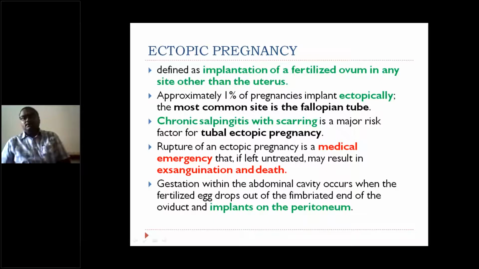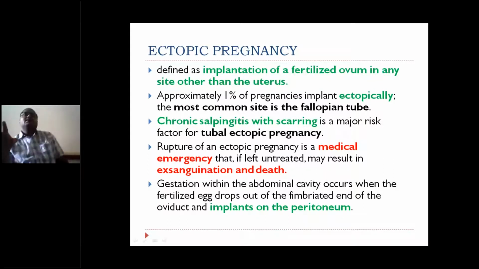So the fallopian tube, wherever the ovum gets stuck, will be enlarged and globular, and it will result in a lot of hemorrhage within the fallopian tube. And sometimes the fallopian tube will rupture, and the ruptured ectopic will then go inside the abdomen.